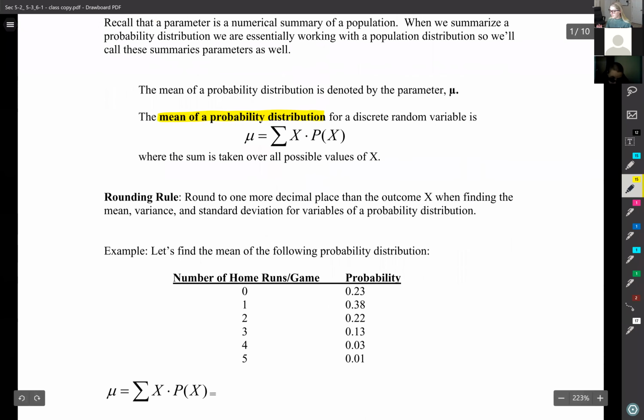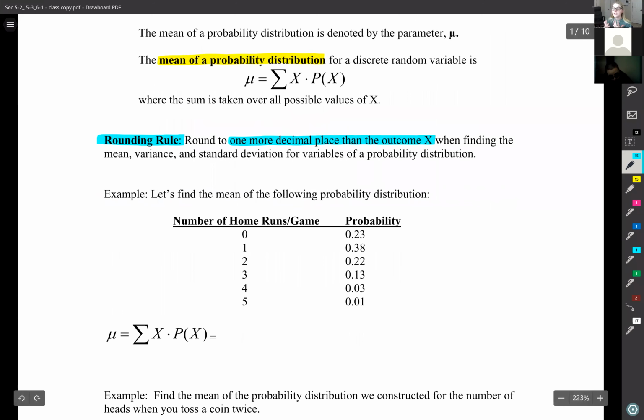But before we get into an example, like usual, we have rounding rules. You should round to one more decimal place than x has. This is consistent with when we did the mean before. We said when you're rounding the mean, round to one more place than the data points have. So same here, however many decimal places your values of x have, do one more for the mean.